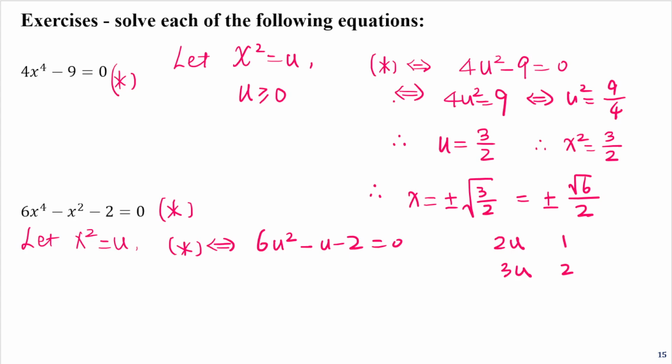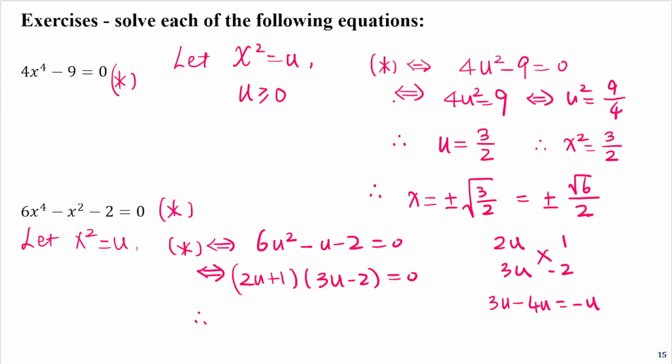In order to have a negative u in the middle, we need to put a negative symbol here. In this way, we have 3u minus 4u, which gives us negative u. Therefore, this is equivalent to 2u plus 1, and then 3u minus 2 equals 0, right? Therefore, we have u is either negative 1 over 2 or u is 2 over 3.